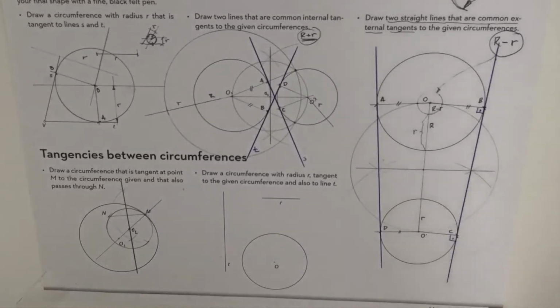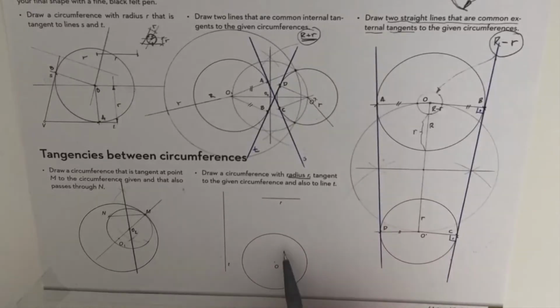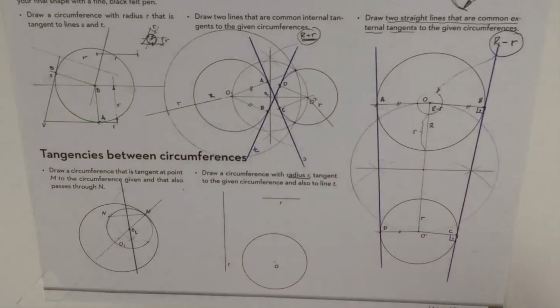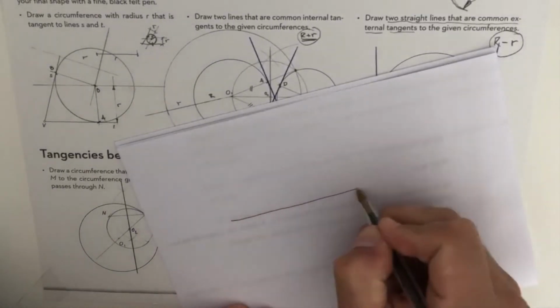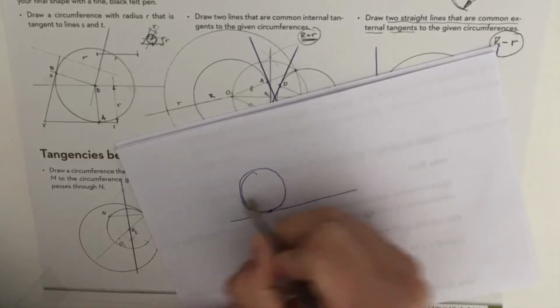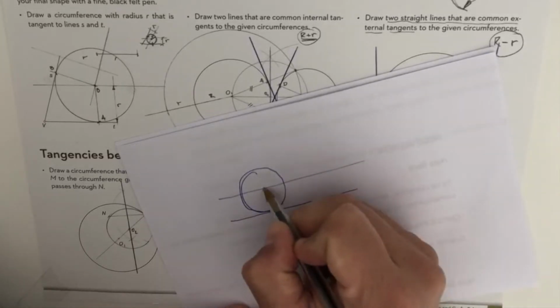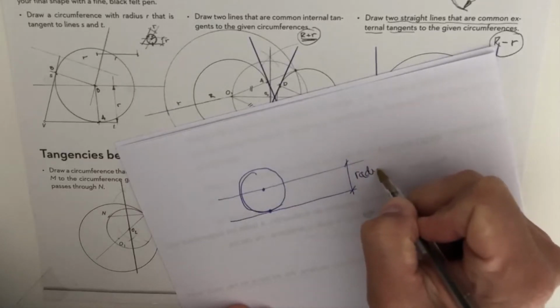And the last exercise, which is this one, is quite simple. We just need to draw a circumference with radius r, which is tangent to this one and also to this line. We have the radius. So the first thing that we have to know is a little bit of theory, that every circumference tangent to a line will have its center in a parallel line at the distance radius, right?